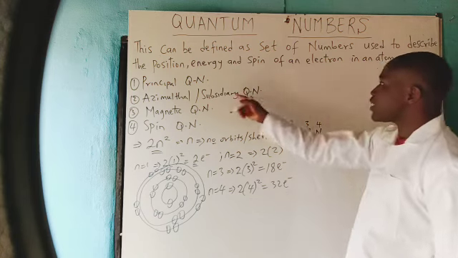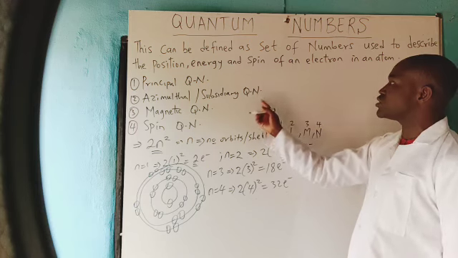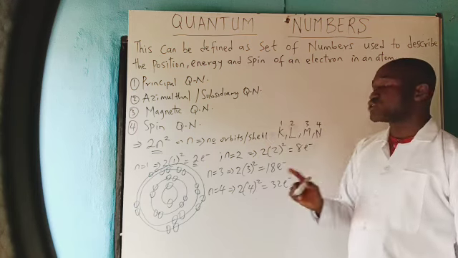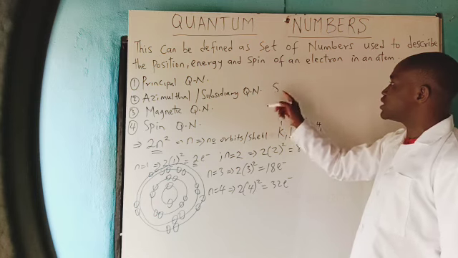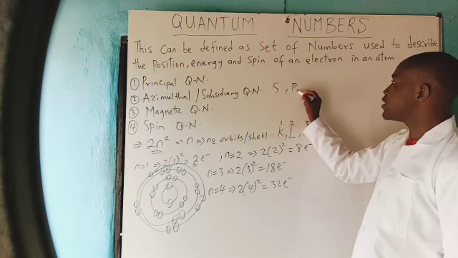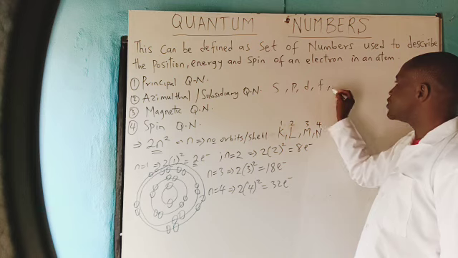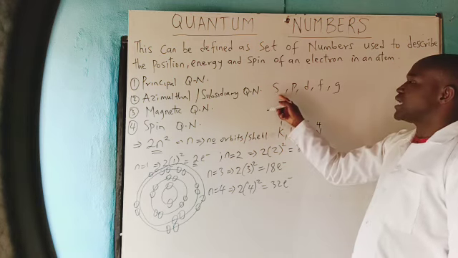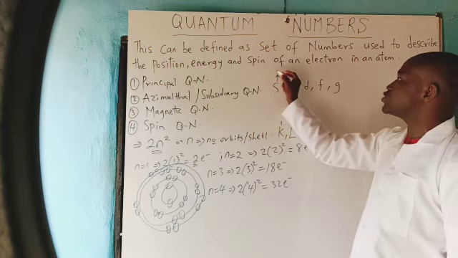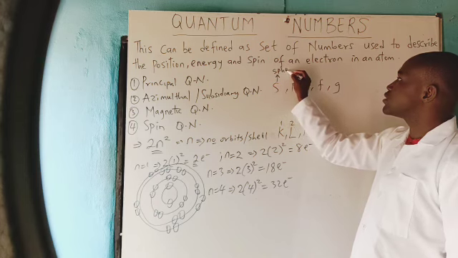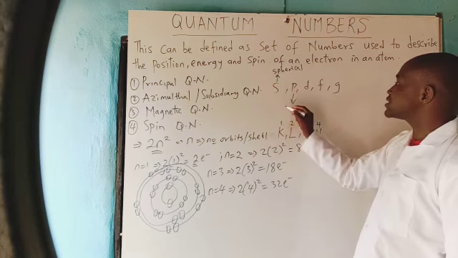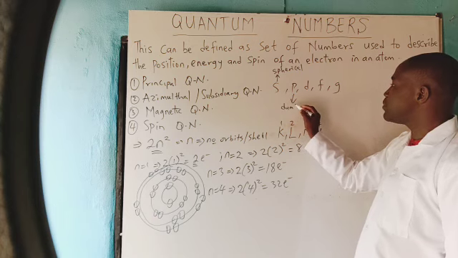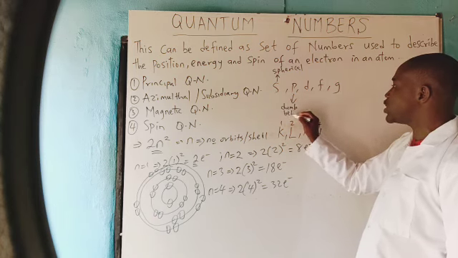First of all, it describes the shapes of an orbital, and the orbitals it mentions are s, p, d, f, g. The s orbital has a spherical shape, while the p orbital has a dumbbell shape.